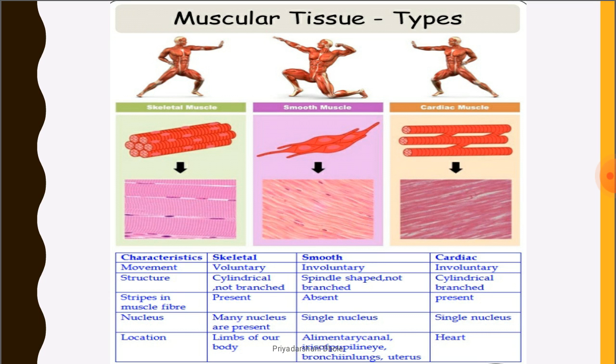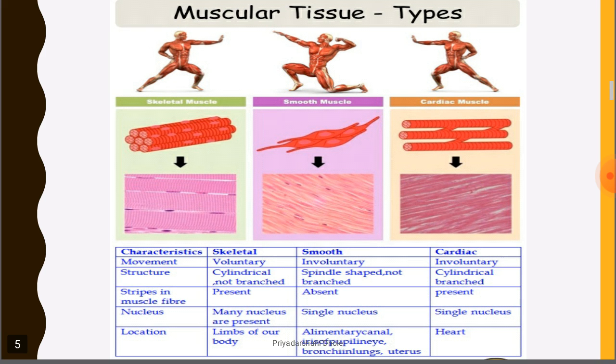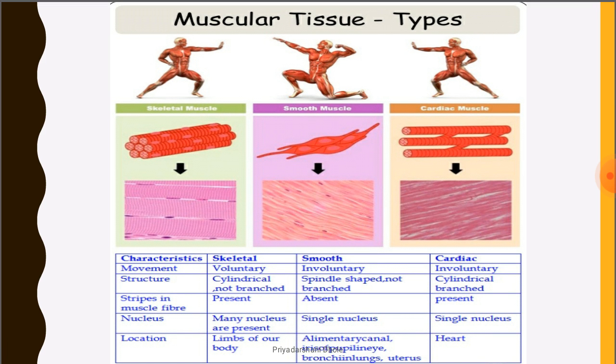Now, these muscular tissues are of three types: first, skeletal muscle, then smooth muscle and cardiac muscle. Now these are the characteristics. The movement in skeletal muscle is voluntary movement.